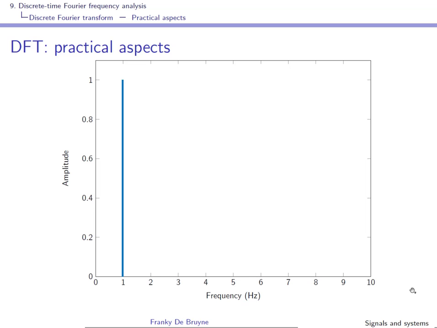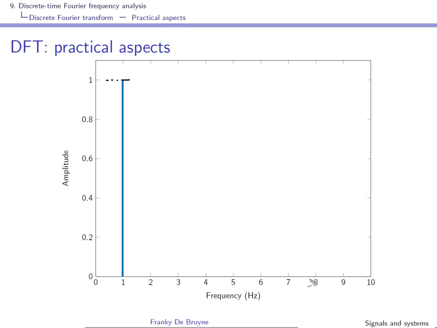And in this spectrum we see what is to be expected: the amplitude of the spectral line is 1, and the spectral line is very close to the frequency of 1 Hertz, which is precisely the frequency of the sine that we have considered.